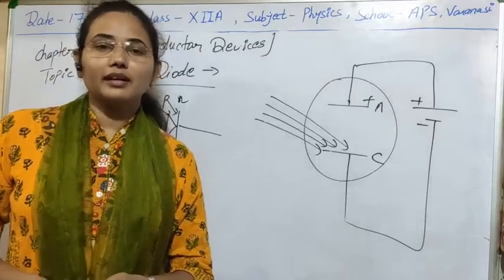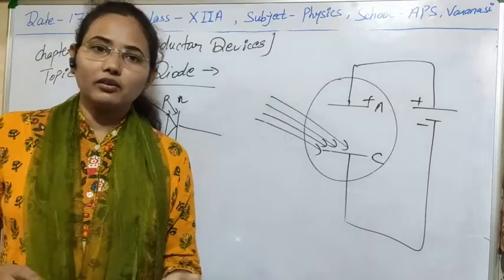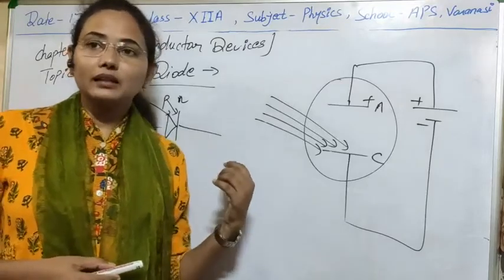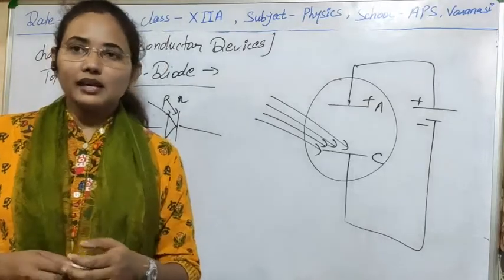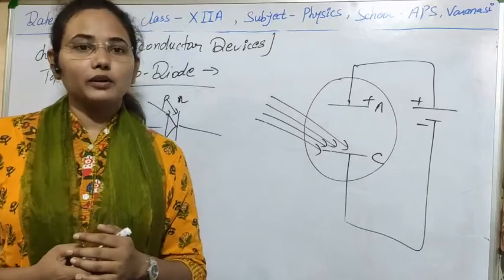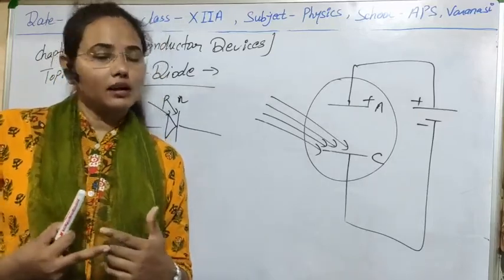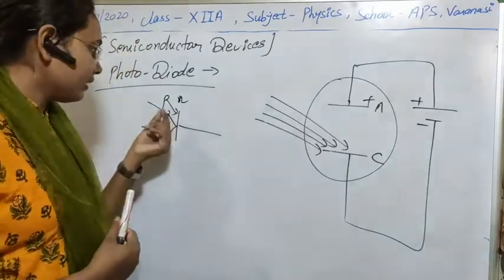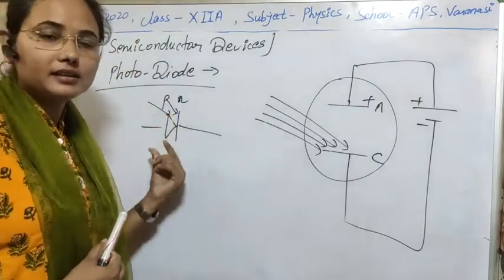If energy is supplied from outside, the covalent bonds will break. Due to their breaking, a large number of charged particles will be produced, and that will definitely overcome the effect of the potential barrier, so easily we can get the output current in the output circuit. So I am saying that we can use light energy in place of an electrical energy supply.